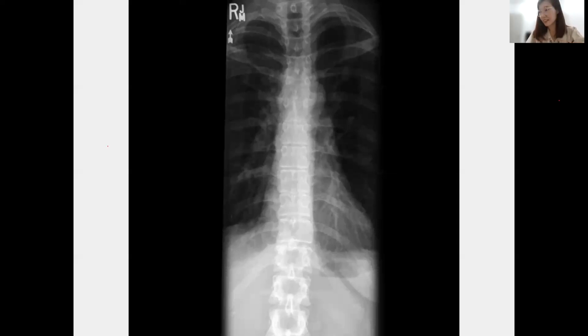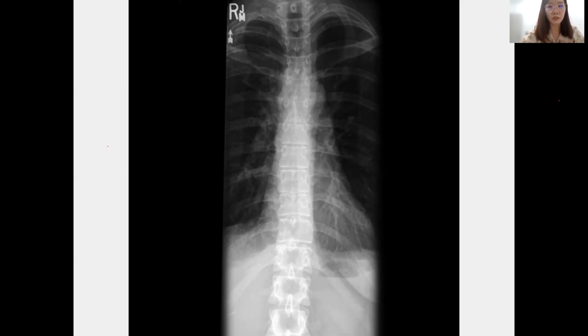No fracture. Actually, this is the thoracic X-ray, but I just want to give a reminder to everyone, always remember to look at the spine whenever we review chest and abdomen X-rays.